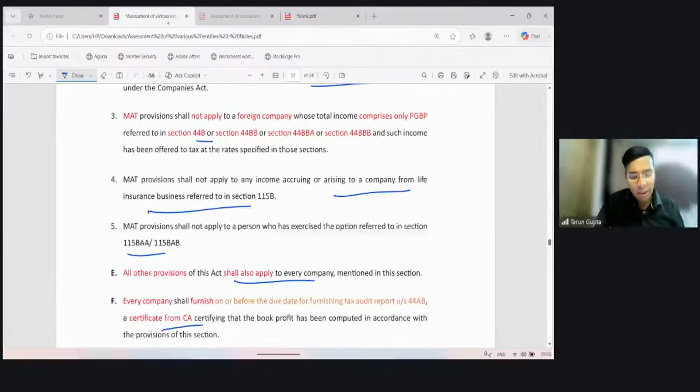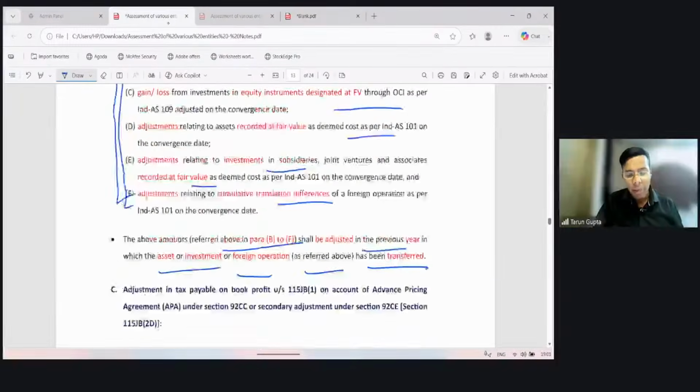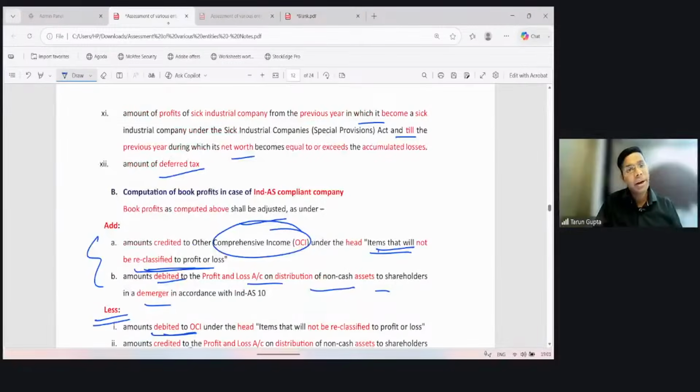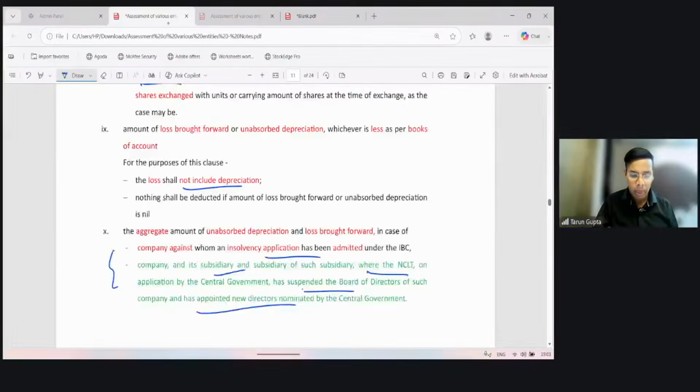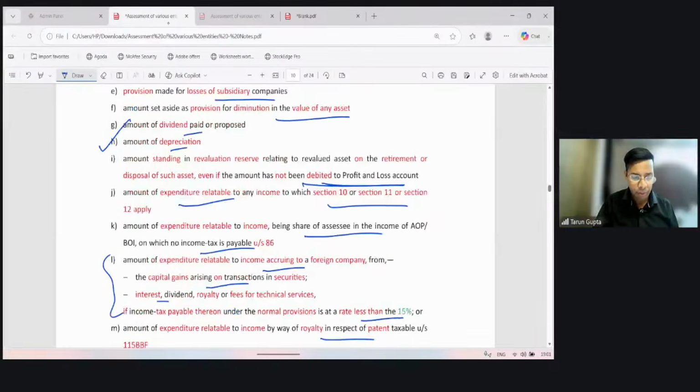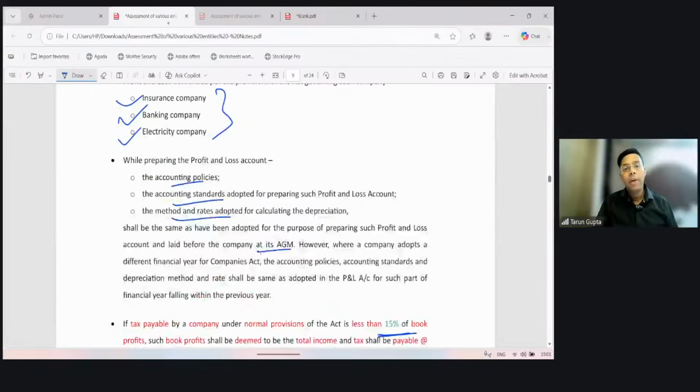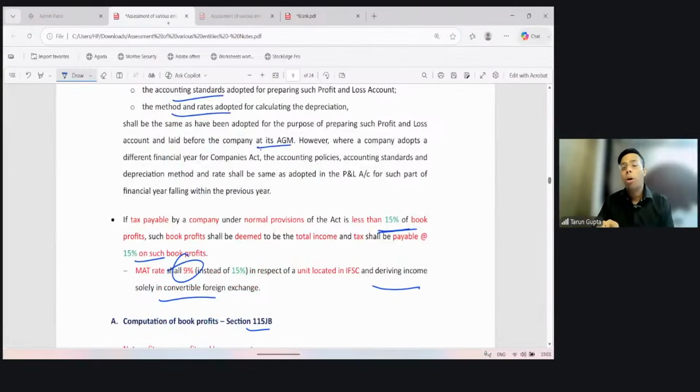So, what did we discuss in MAT? First, the company has to prepare the P&L account as per the Companies Act. Why prepare such a P&L account? For the purpose of MAT, it shall keep the accounting policies, accounting standards, method, and depreciation the same as it used for preparing the P&L account for its AGM.